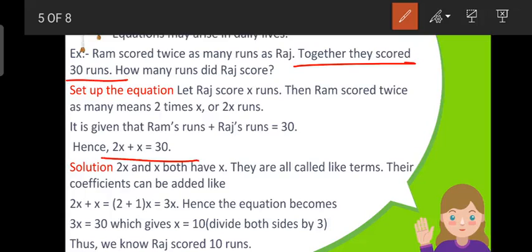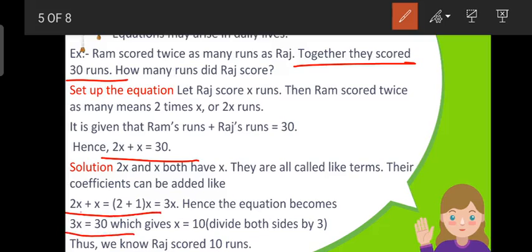Did you understand? Since they are like terms, their coefficients can be added. You keep x as the common term, then it is 2 plus 1 is equals to 3x. So we know that 3x is equals to 30. Therefore, what is the value of x? You have to divide both sides by 3.